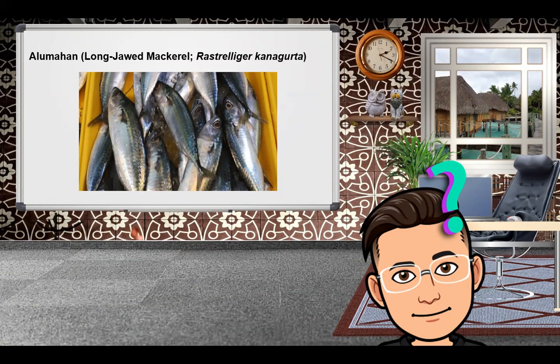An alumahan is a mackerel species, belonging to the same fish family as tunas, and they are widely common in the Philippines and are generally found in shallow coastal waters. The alumahan fish is available in public market, usually priced at 280 per kilo.